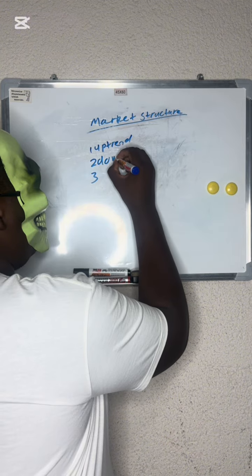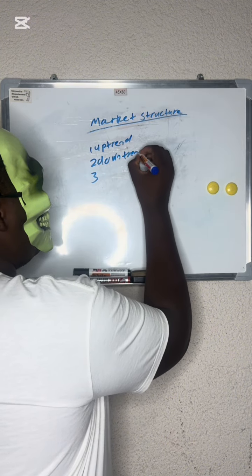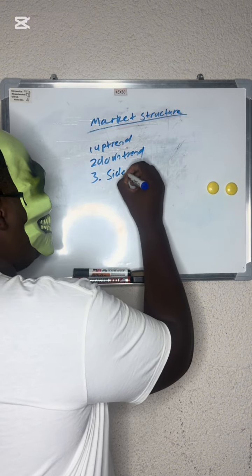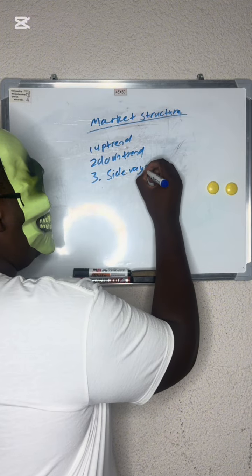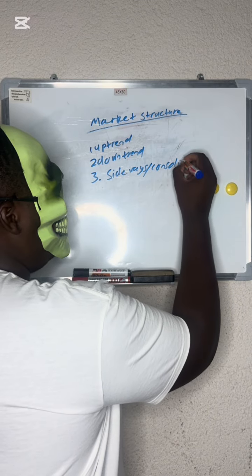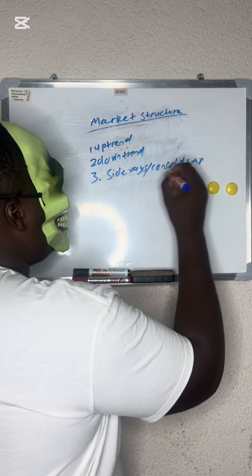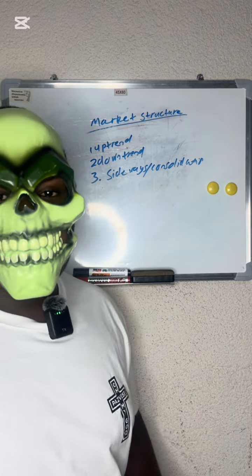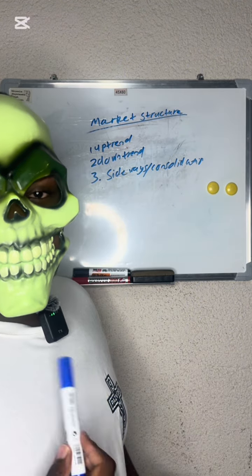Second one is downtrend. Last one is sideways, or consolidation. That's what it's called, right? So these three are the directions we have in trading: uptrend, downtrend, sideways.